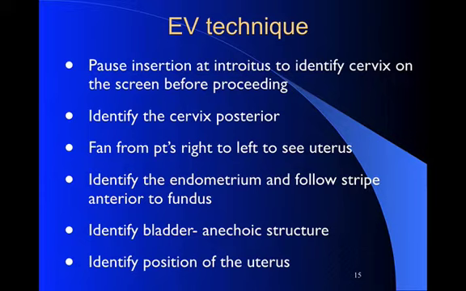Once we identify the endometrium, we follow that stripe anterior to the fundus and identify the bladder as an anechoic structure. We then can identify the uterus as anteroverted or retroverted.